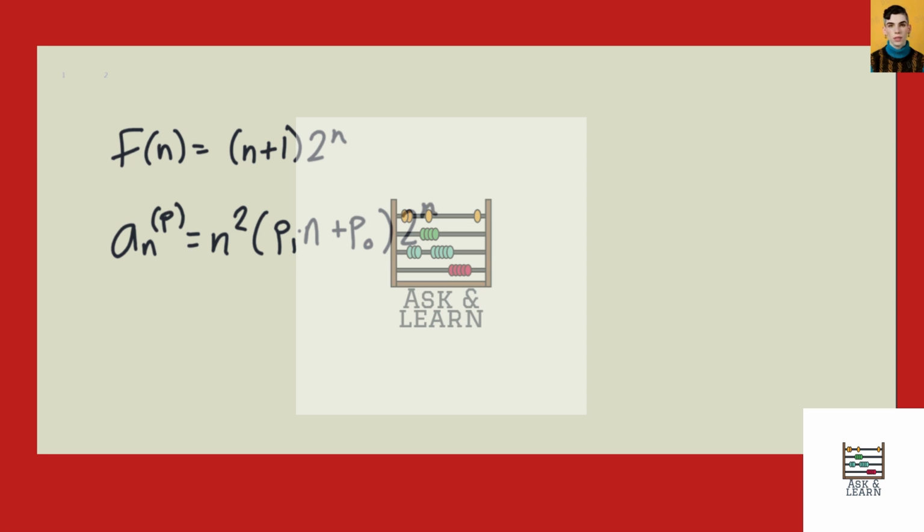And this is because 2 is the root of the characteristic equation with multiplicity 2. So we can rewrite this as p1 times n cubed times 2 to the power of n plus p naught times n squared times 2 to the power of n.